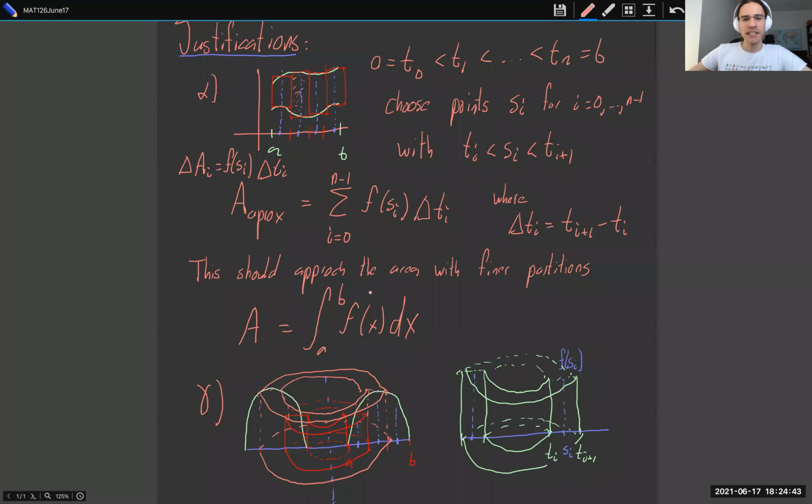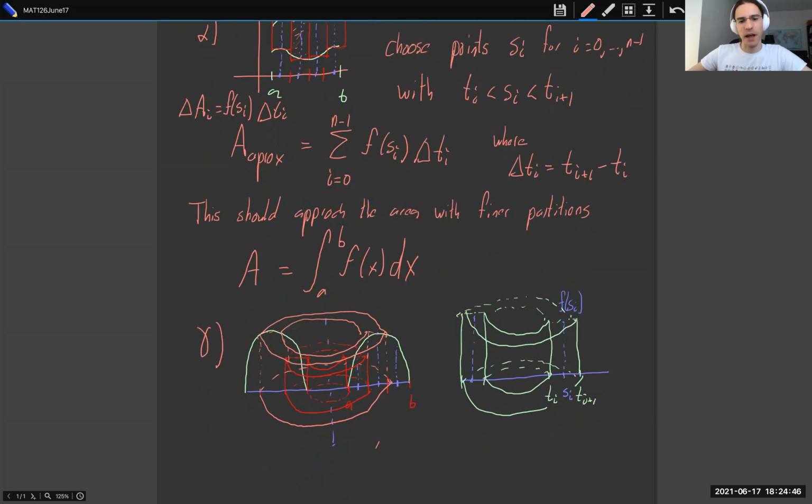So then the area is the sum of all of these delta A sub i's. Well, here I'm going to have not a delta A sub i, but a delta V sub i. And what that's going to be is the volume of this hollow but thickened cylinder. Now, we can find what this volume is by subtracting the volume of the smaller cylinder from the volume of the bigger cylinder, right? Does that make sense? So what is the volume of the outer cylinder?